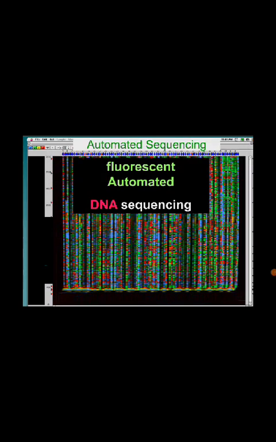And fluorescent automated DNA sequencing, where you label your 4 nucleotides with fluorescent dyes of different nature, and that will be read by a laser directly to get what that nucleotide is in the sequence of the gene.